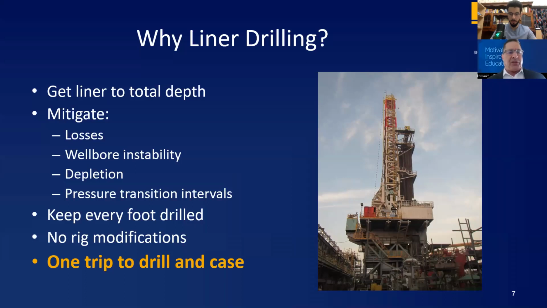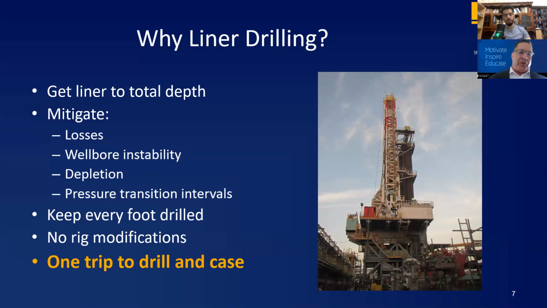We mitigate wellbore stability problems. As I mentioned, sometimes you drill a well to TD, but then you have problems getting out of the hole. When you're tripping out of the hole, you're taking a lot of overload on the hook load.